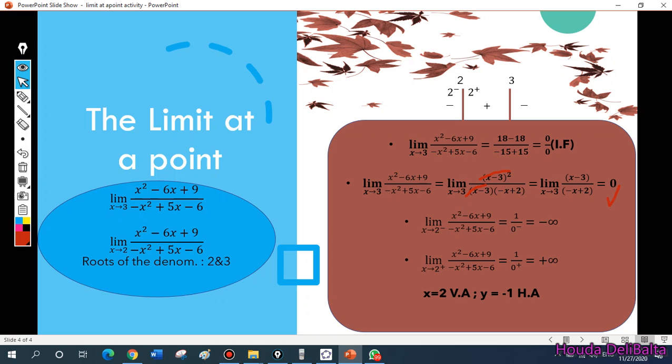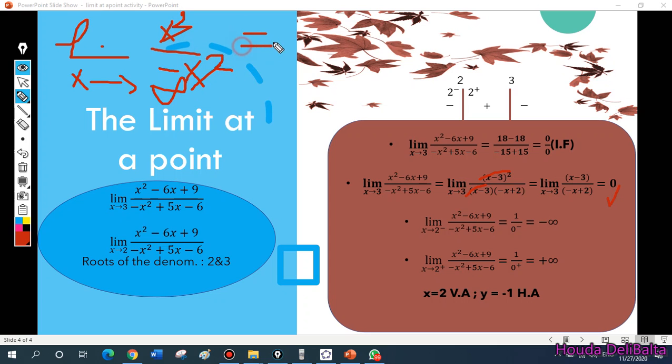Now what about the horizontal asymptote? y equals -1 is the horizontal asymptote because, as x approaches infinity, the limit of this function, which is x squared minus 6x plus 9 over minus x squared plus 5x minus 6, we just take the highest power from the numerator and the highest power from the denominator and simplify them.